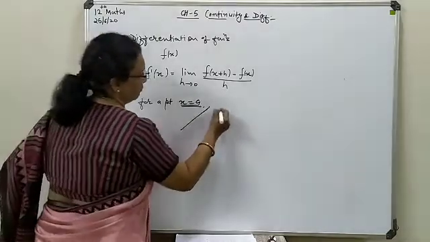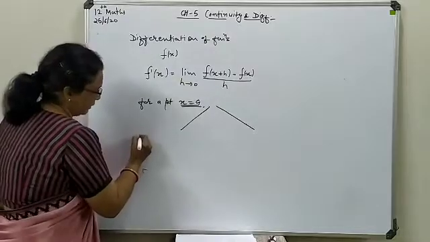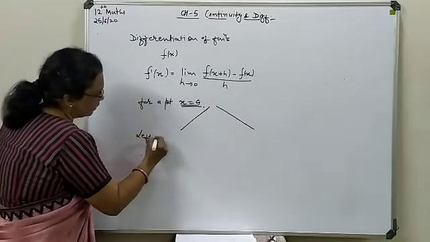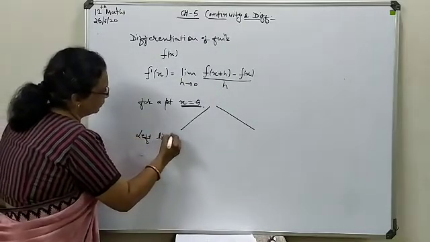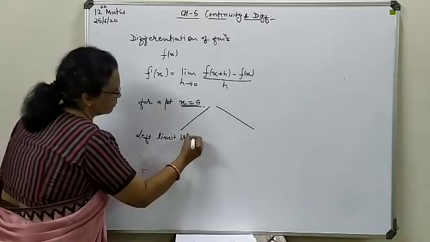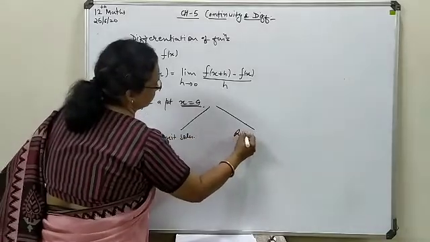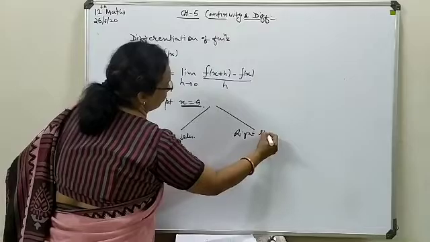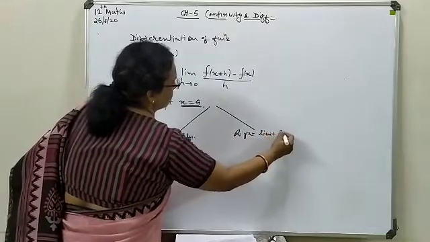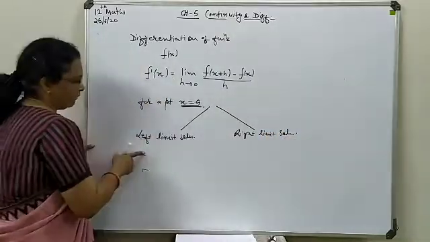So it is to be bifurcated into two parts, the left limit solution and the right limit solution.